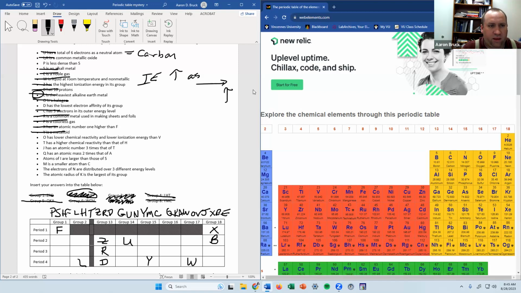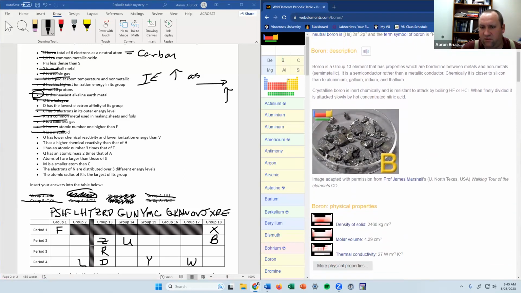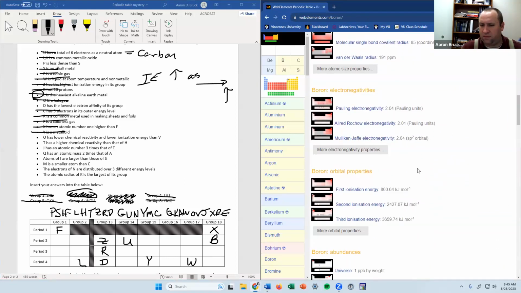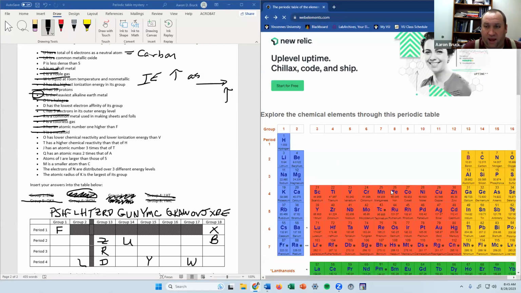Now, that goes kind of hand in hand with this other clue about D having the lowest electron affinity. I got a number of questions about this, because if you actually look at the electron affinity of boron versus the electron affinity of gallium, if you actually look at the numbers, boron actually has a lower electron affinity compared to what we're comparing it to.